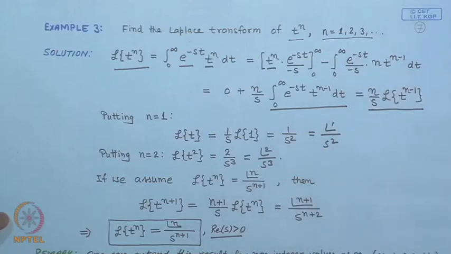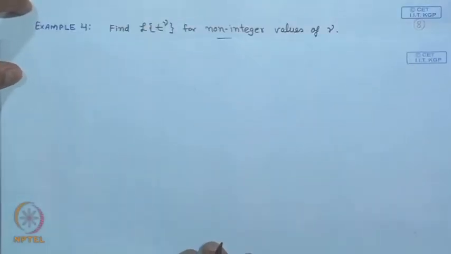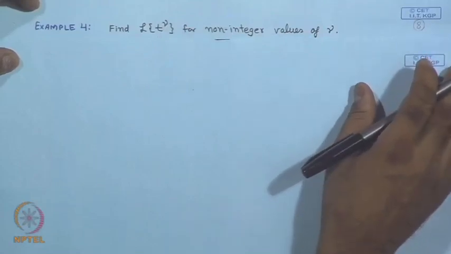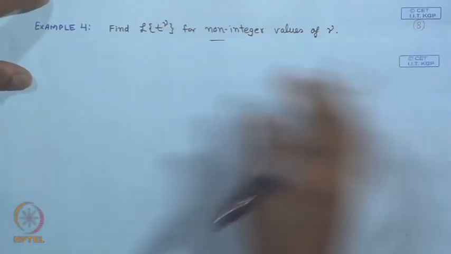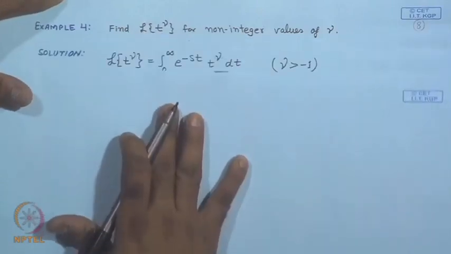So, we can extend this result for non-integer values of n, and that is the next example we will see. So, in this case we take t power nu for non-integer values of nu. So, find this Laplace transform.